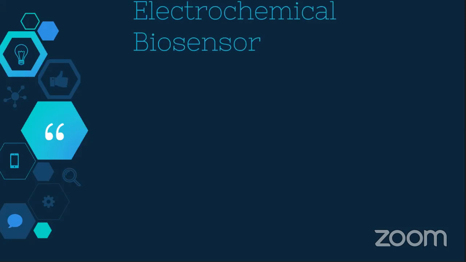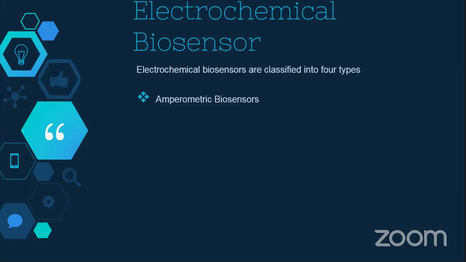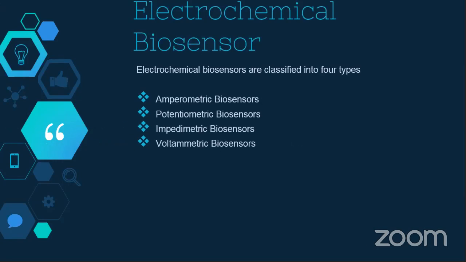The substrate of these biosensors generally includes a three electrode system, such as counter... So these are the techniques which come under electrochemical sensor: amperometric biosensor, potentiometric biosensor, impedometric biosensor, and voltammetric biosensor.